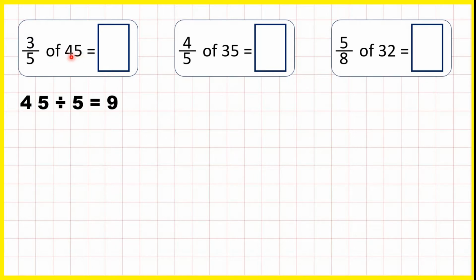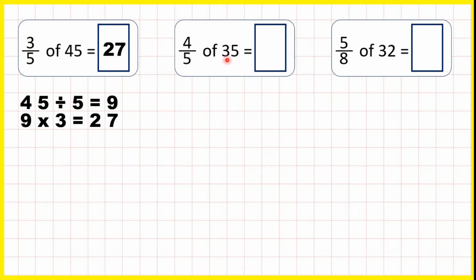So we start with 45 divided by 5, so dividing by the denominator, which gives us 9. Then we take that 9 and times top, or multiply by the numerator, and 9 times 3 is 27, so 3/5 of 45 is 27.